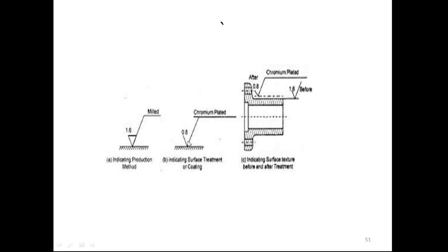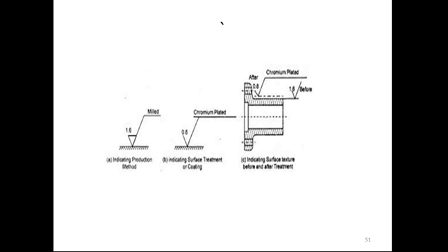In this case, we put this symbol over the surface, above this line we write down chromium plated, and above this we write what Ra value is required. So 0.8 is the Ra value required after chromium plating. So this is one operation. Here we have also shown one more operation, indicating surface texture before and after the treatment.